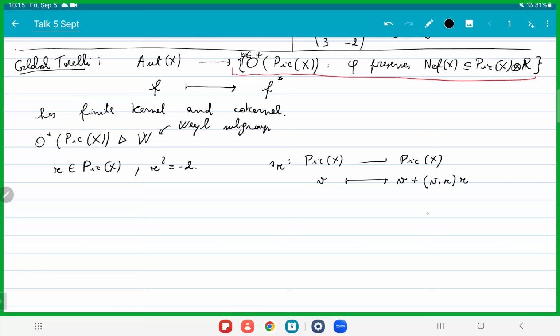You can see that, for instance, if you plug r into s_r, we get minus r. So locally around r, we have the hyperplane r orthogonal, and r is sent to minus r. That's why it's called a reflection. And I'll come back to this subgroup in about 5 minutes. But this Weyl subgroup is defined as the subgroup generated by all these s_r.